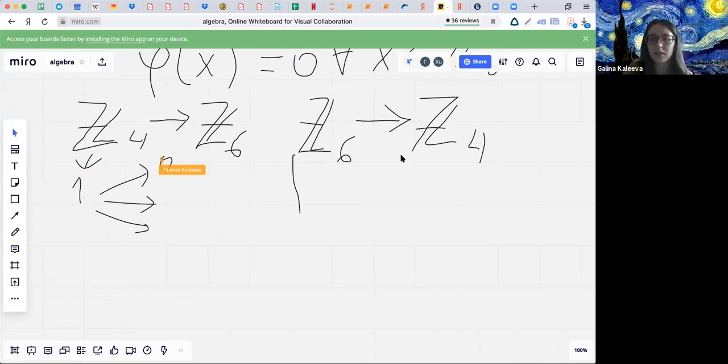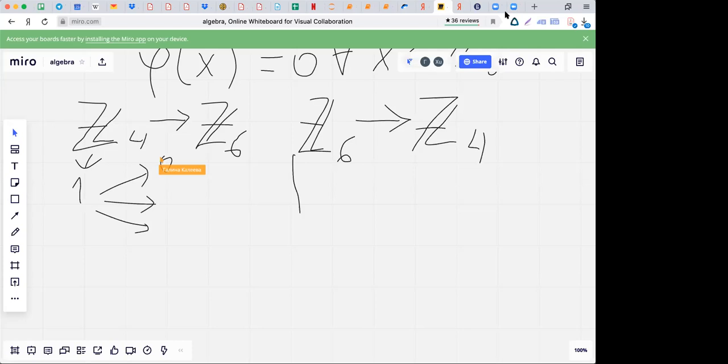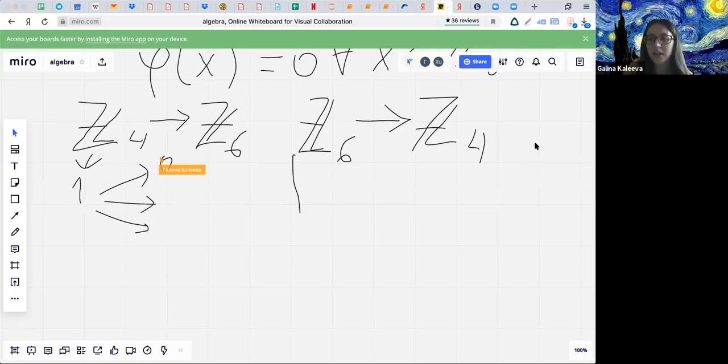Do you agree that we can construct such a homomorphism? We take 1 from Z4 and map it to 0, and the homomorphism maps every element to 0. Then let's say that 1 goes to 1.